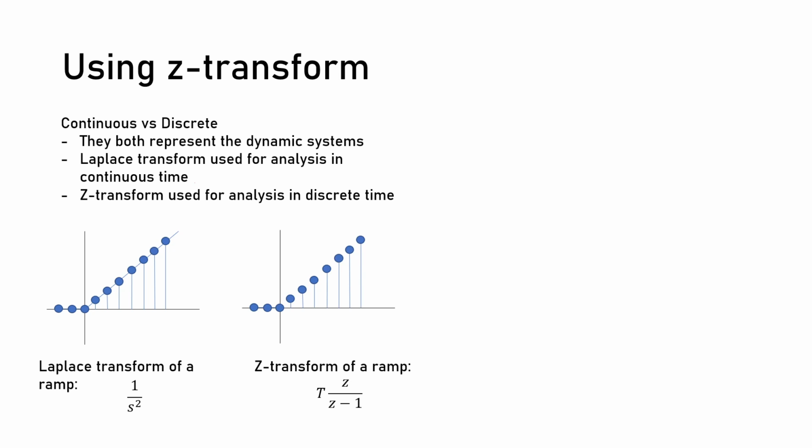And here, let's take a look at a function. Actually, this function is a ramp. Okay, ramp. First, this function is non-zero from t taken from 0 to infinity.